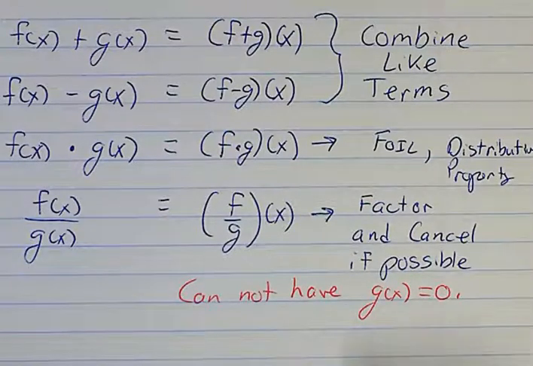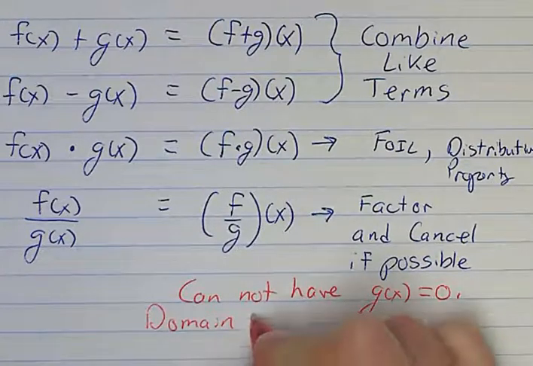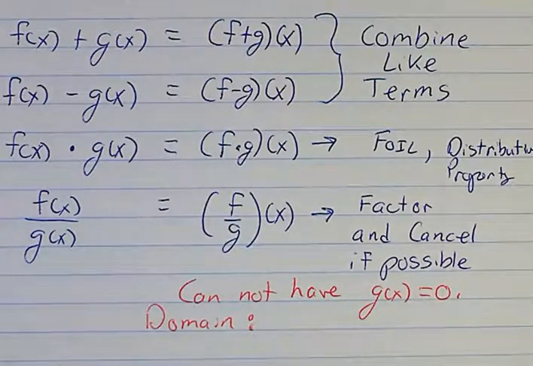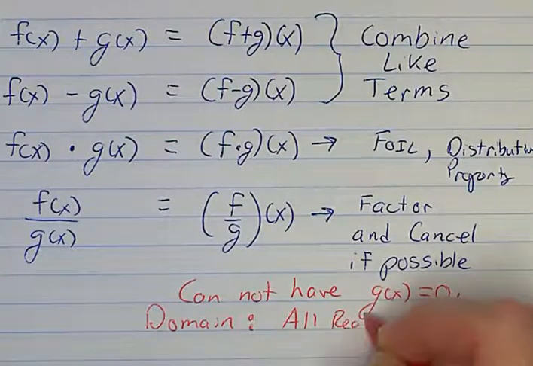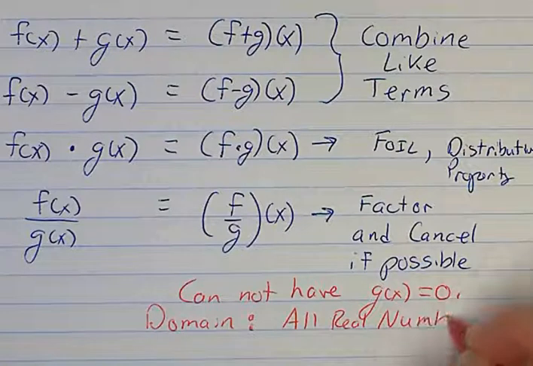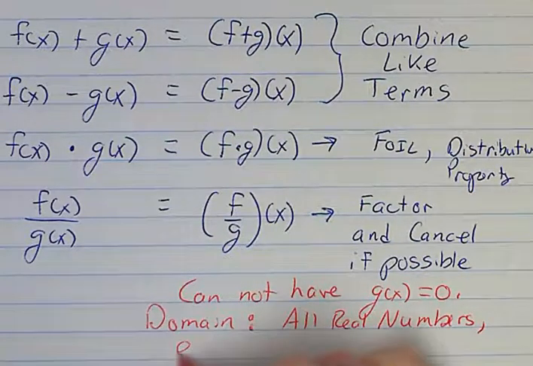So if they ask you to list your domain, it would be any real number, or is all real numbers. You just have to exclude any denominator equal to 0.